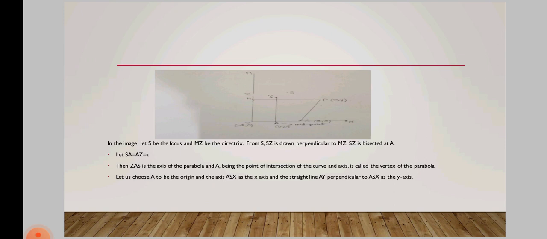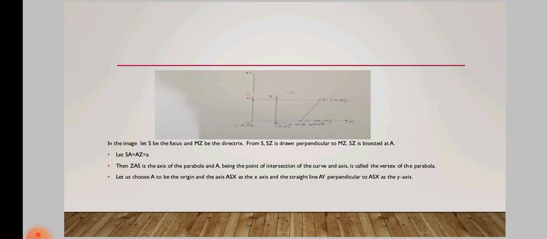So what is the coordinate of the point? 0, 0. Now that is the origin, and since it is bisected, AS is equal to AZ. We define the distance AS as a, and we define the line ZAS, extending it, to be the x-axis.